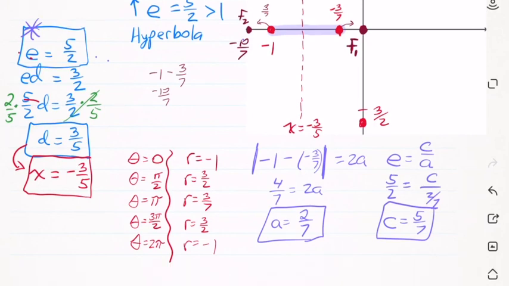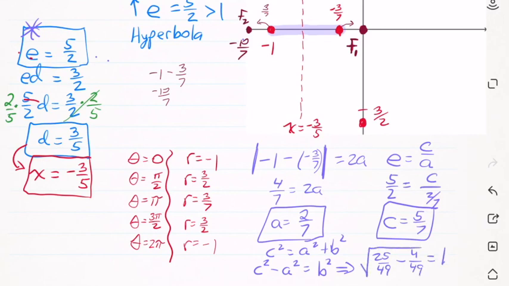Left-handedness. So to find b, we're going to use the formula c squared equals a squared plus b squared. And then therefore this is going to be c squared minus a squared is equal to b squared. And that implies that we're going to get 25/49 minus 4/49 square rooted is equal to b.